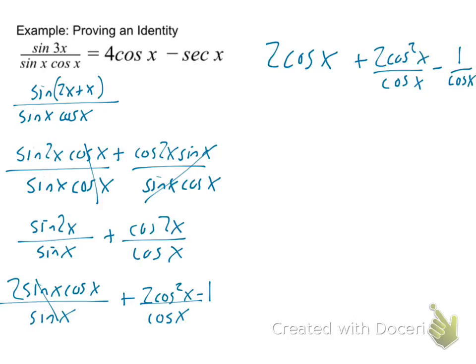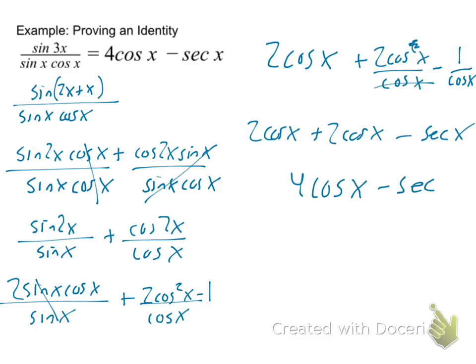What happens with the cosine x's? That cancels with all of that, leaving me with 2 cosine x plus 2 cosine x plus, or sorry, not plus, but minus secant x. And 2 cosine plus 2 cosine is 4 cosine. Boom. We are happy.